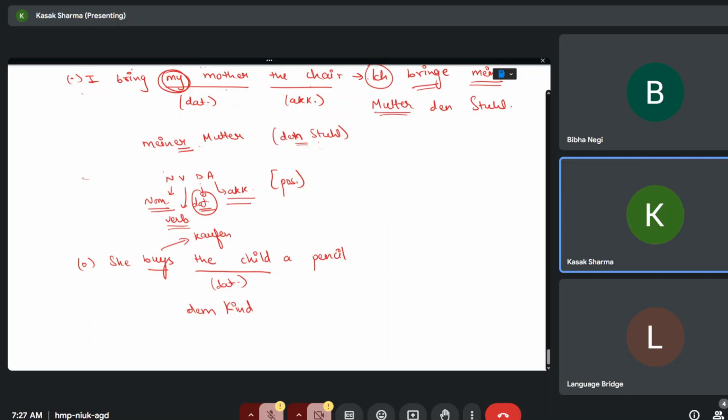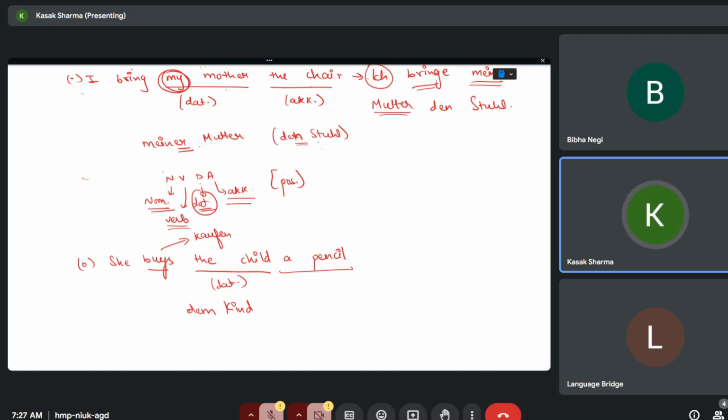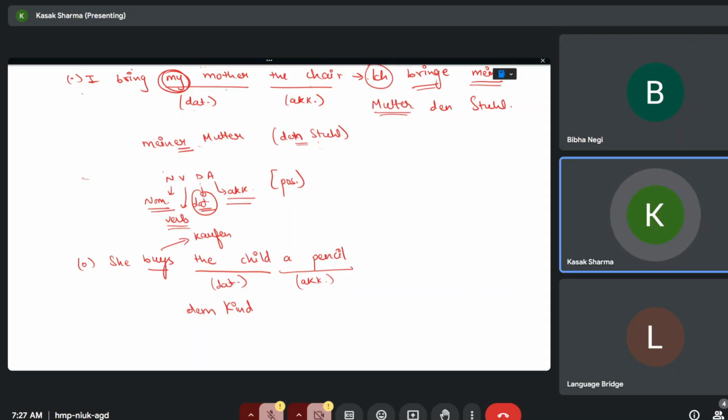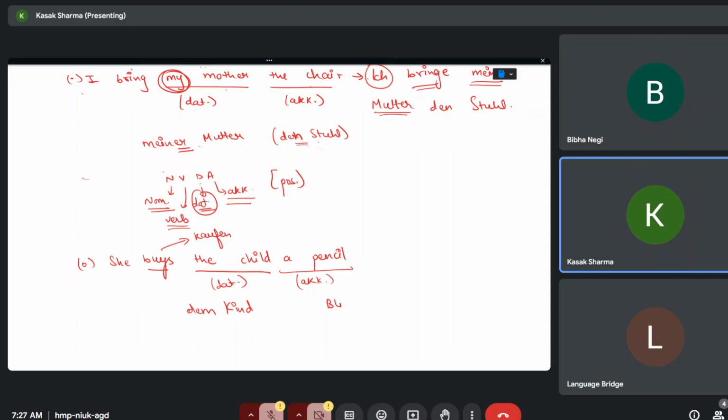And pencil is Bleistift, like it is your thing. So first of all, we will give the accusative case to it. Pencil in German is Bleistift.